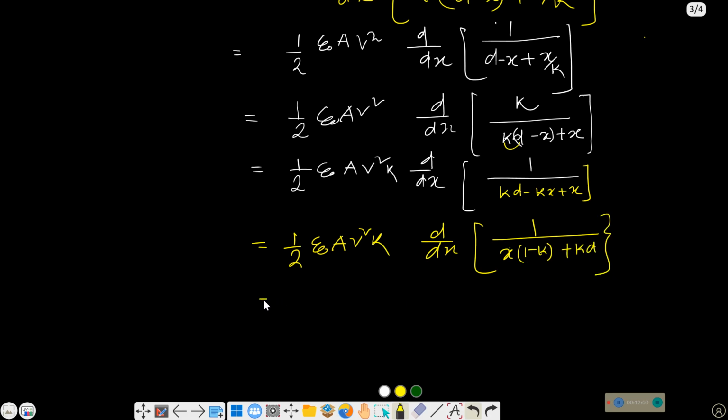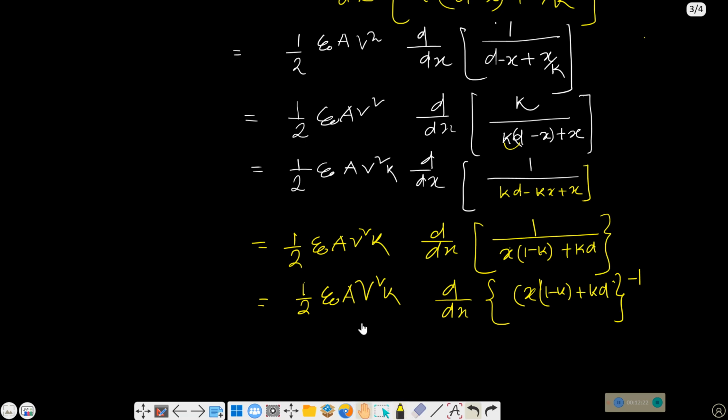Now we can write epsilon naught A V square k, d dx of x into 1 minus k plus kd.